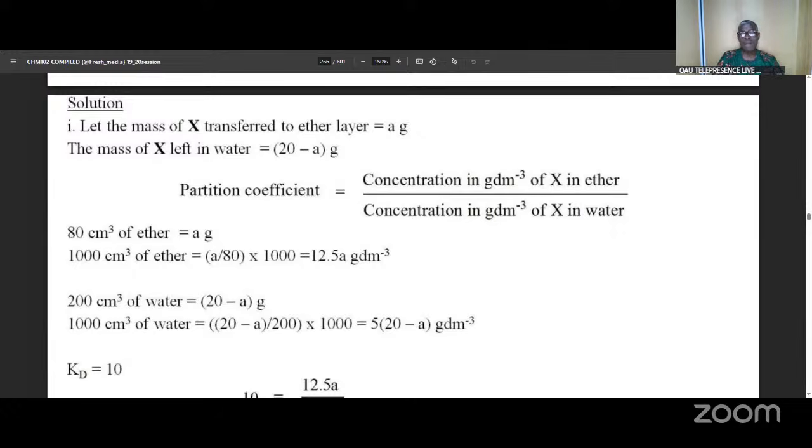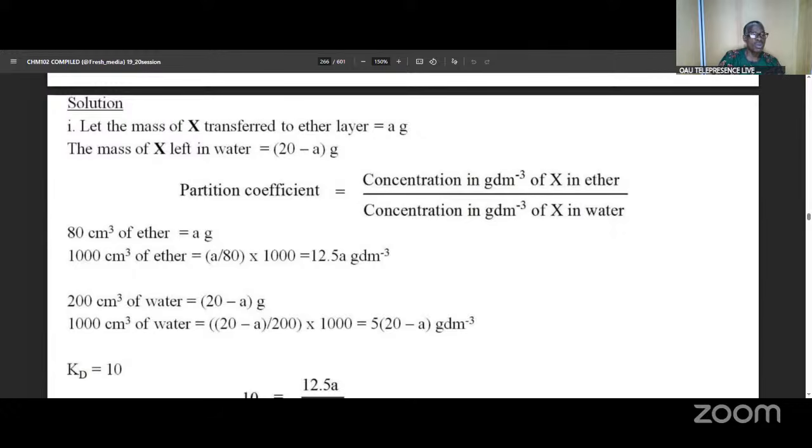Now let's apply our solvent extraction formula, which is partition coefficient K_D is equal to concentration in gram per dm cube of X in ether over concentration in gram per dm cube of X in water. Now, we said in one batch we want to use the whole 80 centimeter cube of ether.